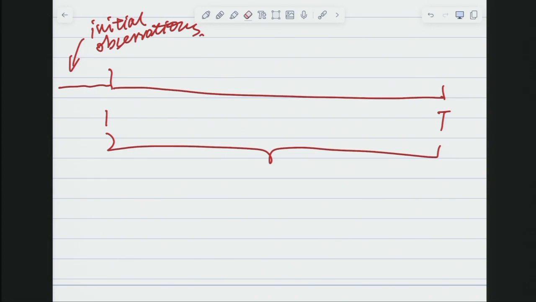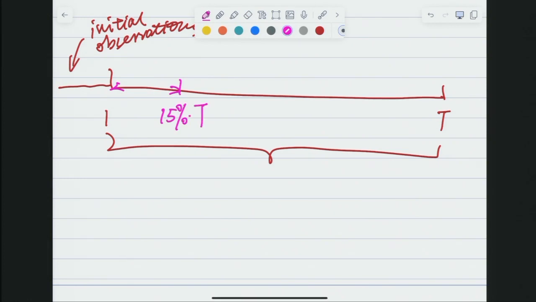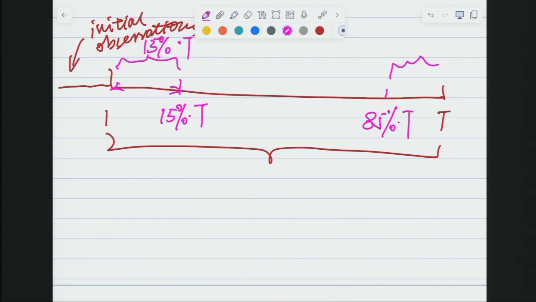Typically, we would trim the first 15% of our data set and also the last 15%. So here there's 15% times T, and here we have 15% times T. These we reserve and set aside.